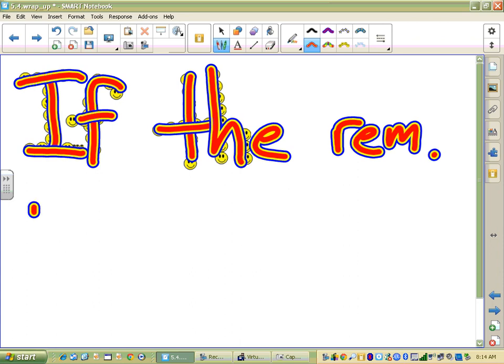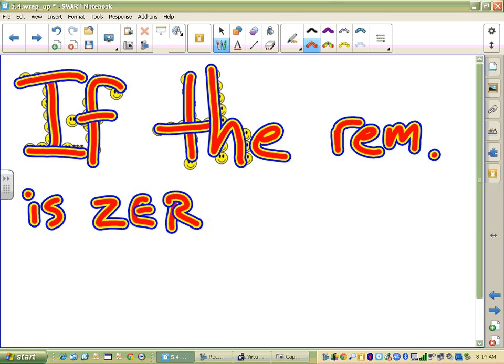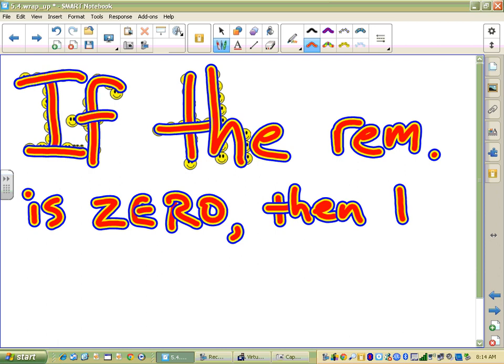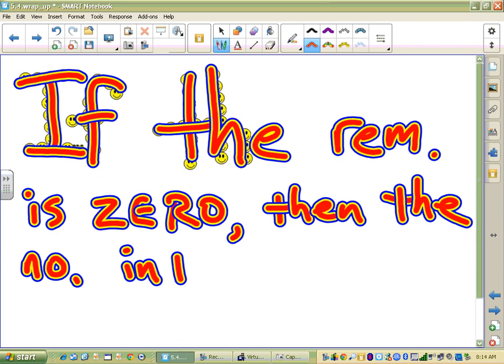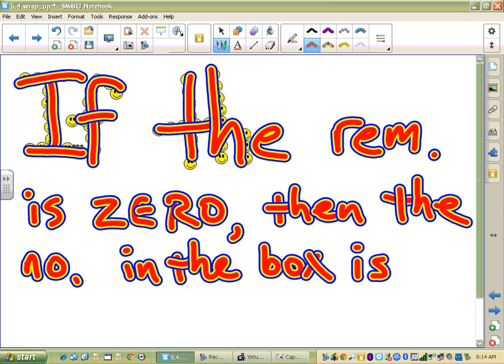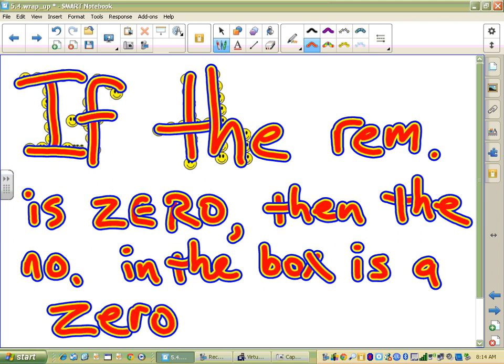If the remainder is 0, then the number in the box is 0. If the remainder is 0, then the number that you would put in the box is a 0.